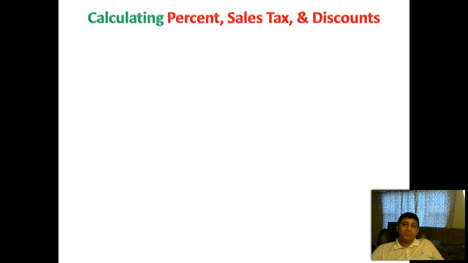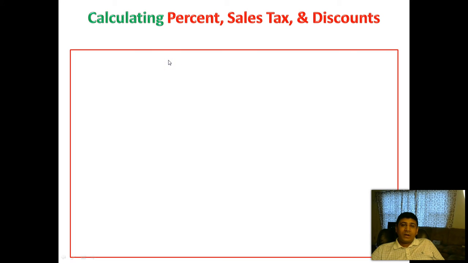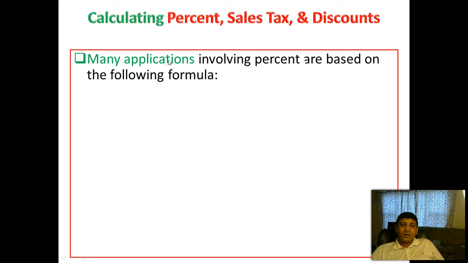Now let's move on to how to calculate percentage, sales tax and discounts, etc. Sales tax is always in percentages, discounts are always given in percentages, so it all boils down to how to calculate percentages. The major formula here is this one. All applications involving percents are based on this formula.